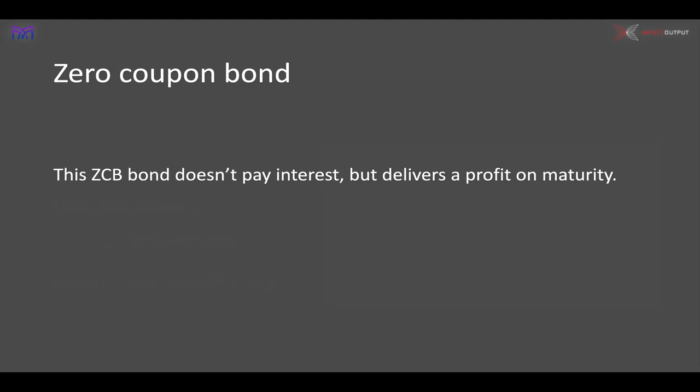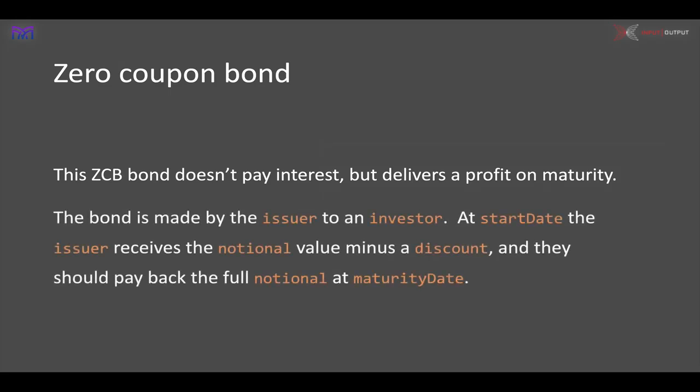The example we've decided to look at is what's called a zero coupon bond. So it's a bond, it doesn't pay any interest, but when it matures, it delivers a profit. Just to get the terminology right, the bond is made or issued by an issuer and it's bought by an investor.